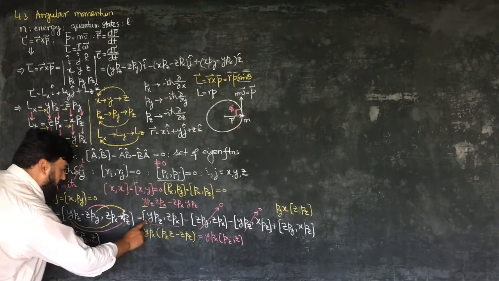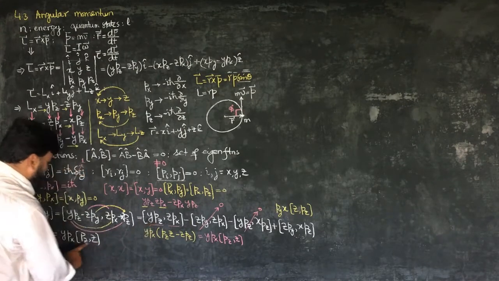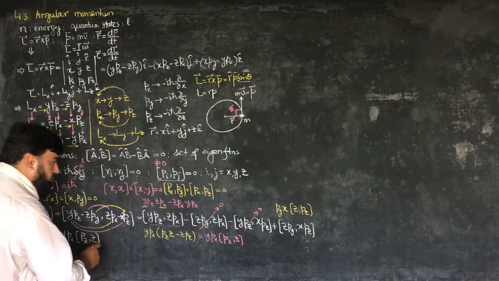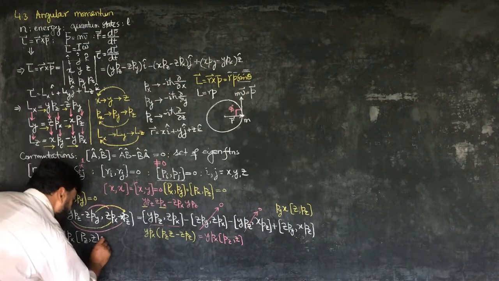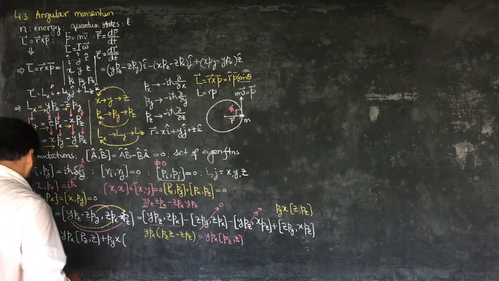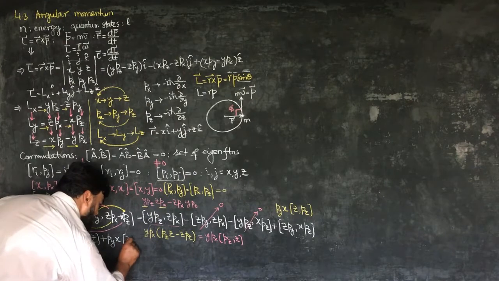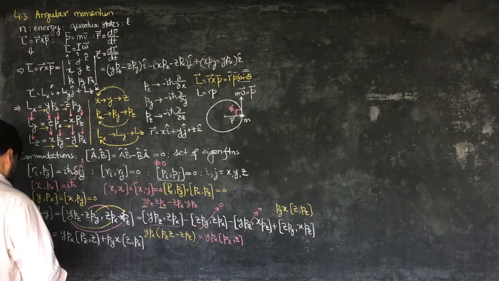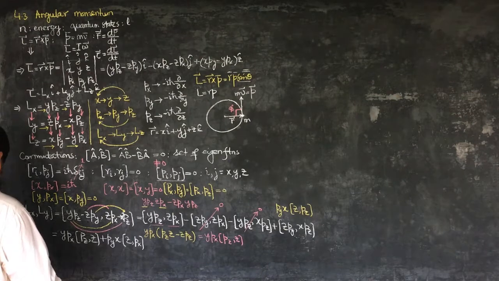And when I come here, I have taken already the ypx common, then it is the commutation of pz and z as I did here, and over there I have taken pyx as common, so plus pyx is common, and it is the commutation of z and pz. So this will be equal to pyx.